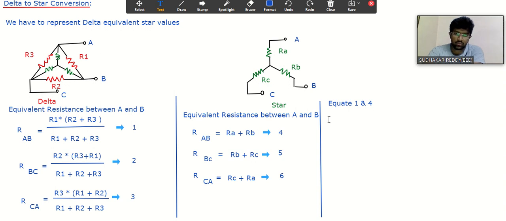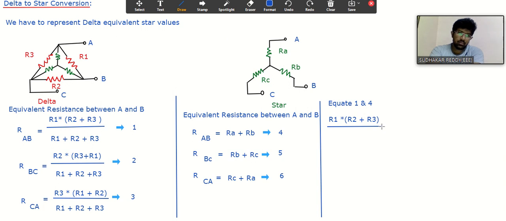So equate 1 and 4. That is, I can write R1 into R2 plus R3, divided by R1 plus R2 plus R3.